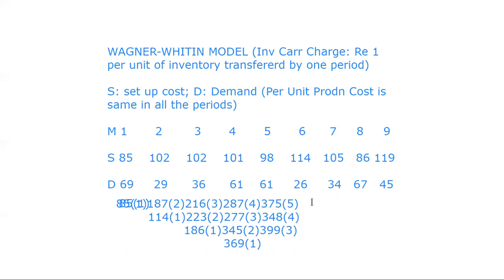It will be 348 plus 114, which makes it 462. So 462 if I produce in period number 6.